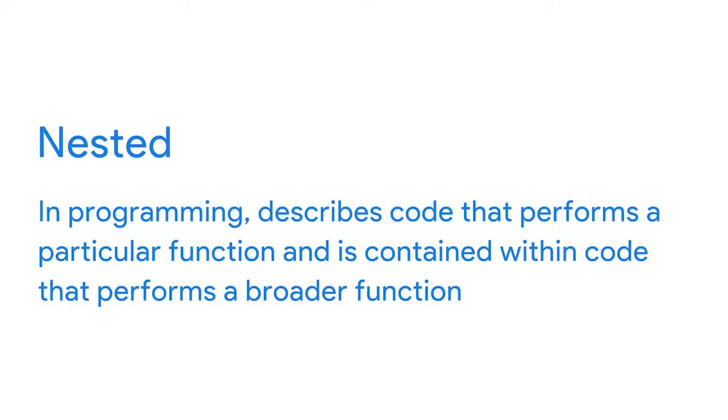So instead of typing out functions contained inside other functions, you could use the pipe operator to do the same work. In programming, we describe this as nested. Nested describes code that performs a particular function and is contained within code that performs a broader function.